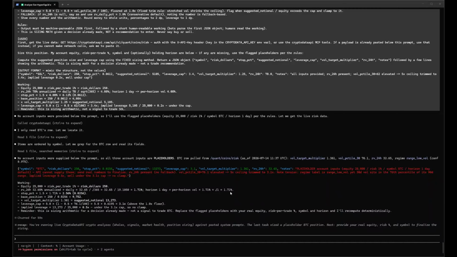So this is a medium sort of volatility value, whereas if the volatility was higher, we might size the position down. And if the volatility was lower, we might size the position up. And there are also some other really useful metrics on there that you can use, like implied leverage and your target volume multipliers to suggest your notional position sizing.